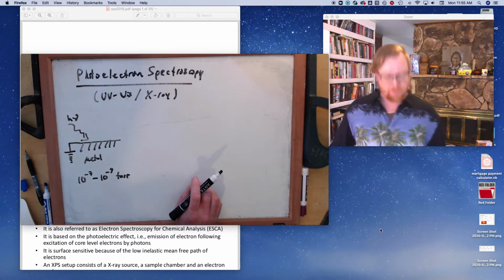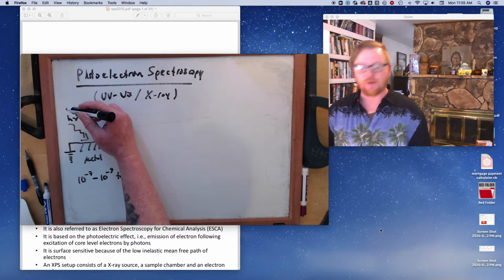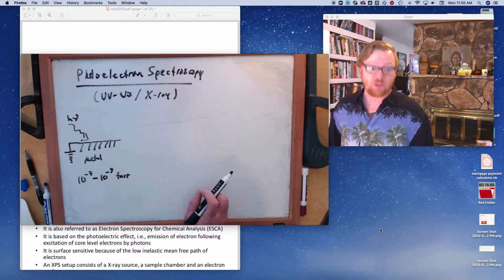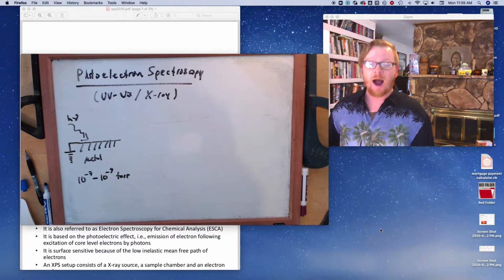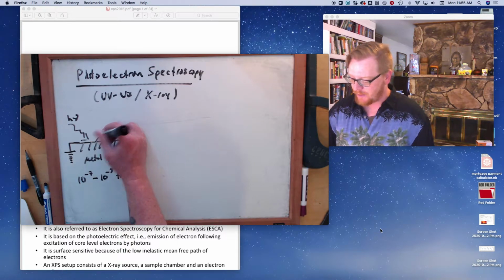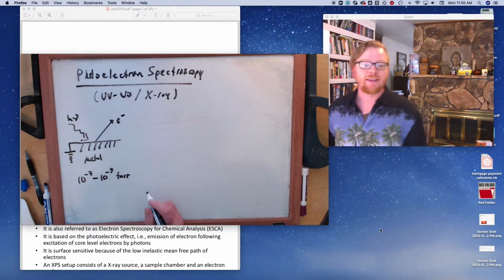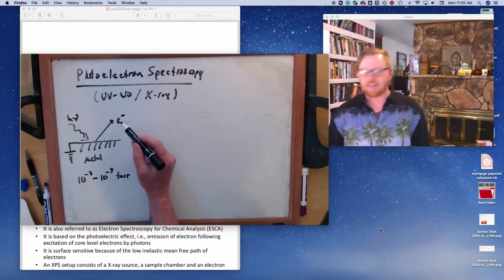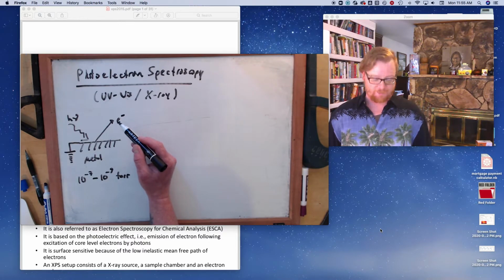Okay, so I'll put that symbol in there. And if you use a really energetic source of light, if it's more energetic than the ionization energy, which I'll call the binding energy, then an electron gets ejected. And this is our photoelectron.